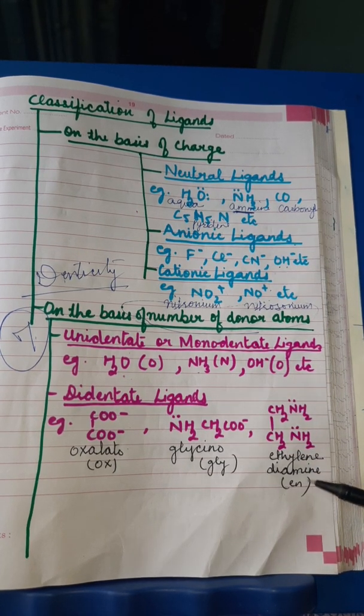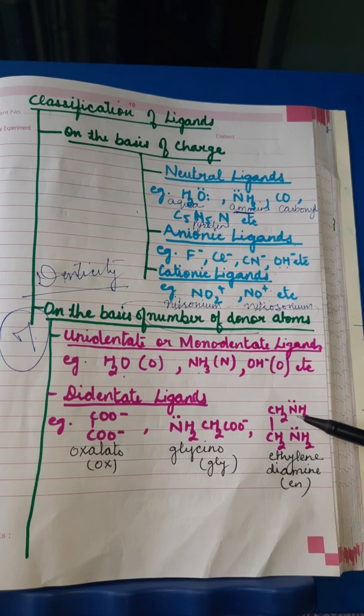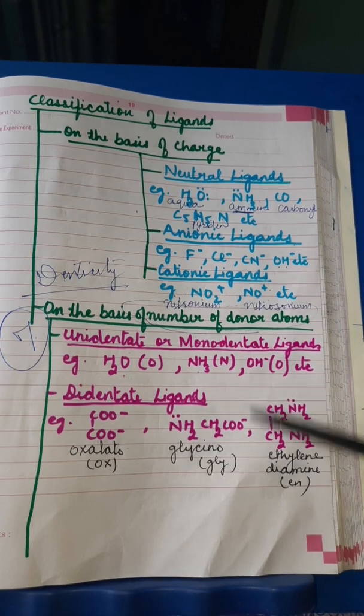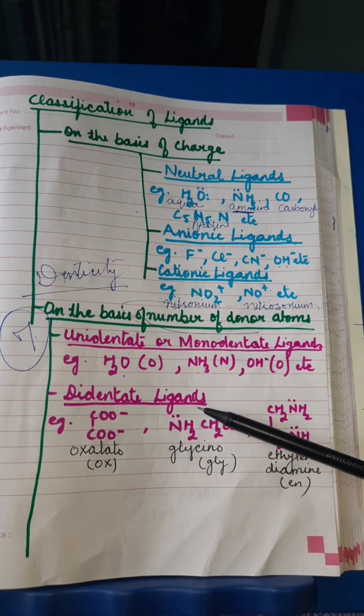In case of ethylene diamine, which is also written as EN, it has 2 donor nitrogen atoms as amino groups. Both of them carry lone pairs, so they act as 2 different donor atoms for the same ligand. So, all these are examples of didentate ligands.